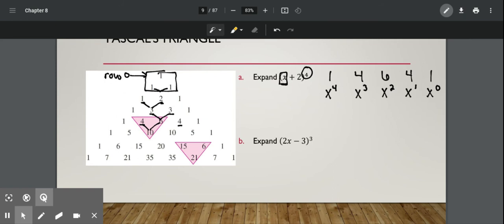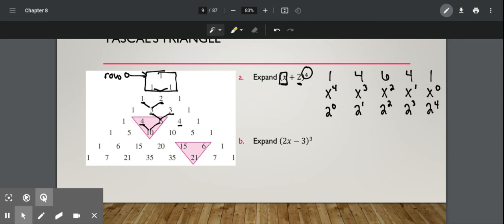Okay? Then we're going to take our second term, and we're going to go the opposite direction with the exponents. So we're going to go 2 to the 0, 2 to the 1, 2 to the 2, 2 to the 3, and 2 to the 4.